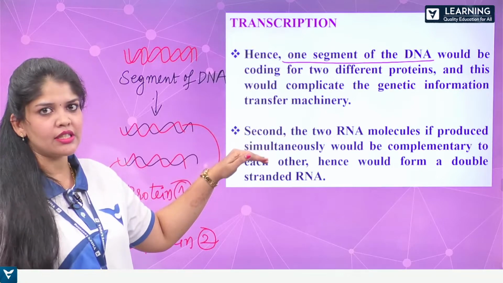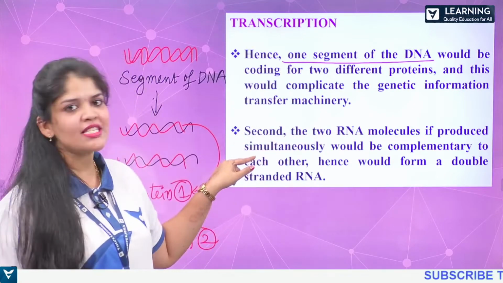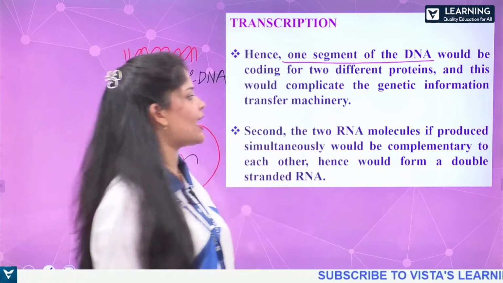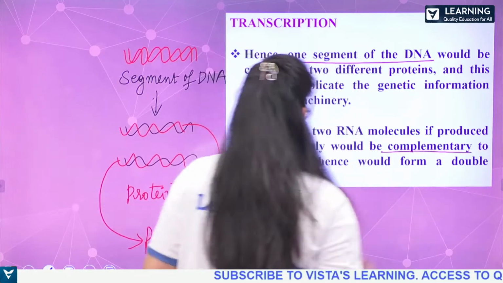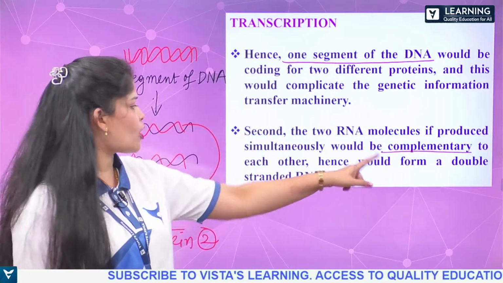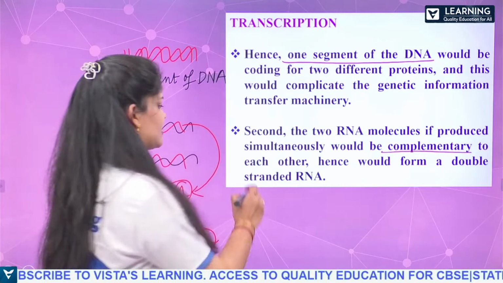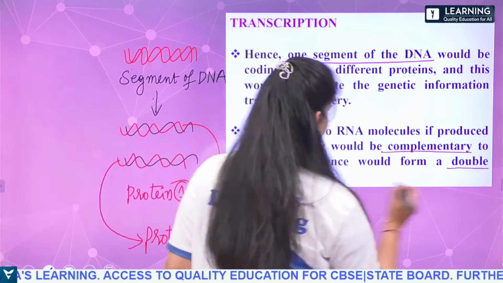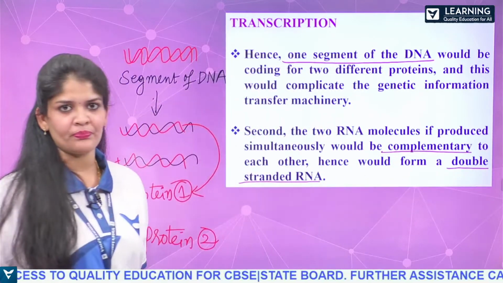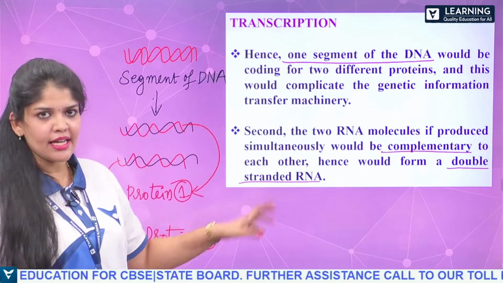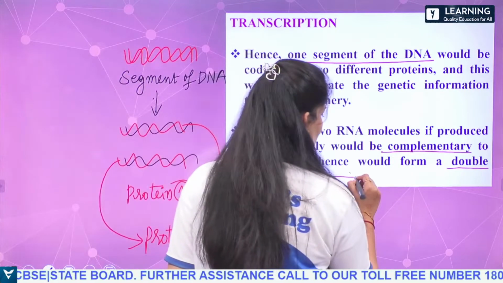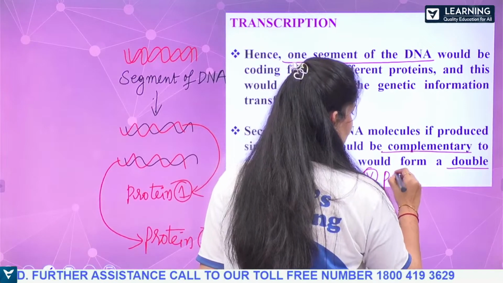Next, second reason: the two RNA molecules, if produced simultaneously, definitely would be complementary to each other, hence would form a double-stranded RNA. That is what we have shown in the image in the last slide. If the double-stranded RNA is produced, there is no protein synthesis.